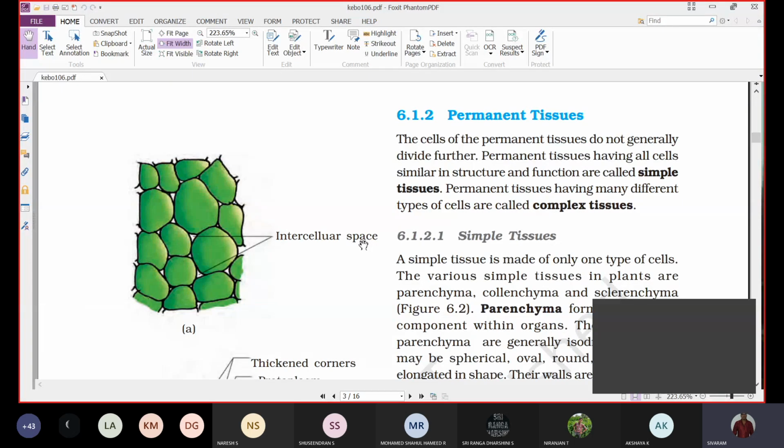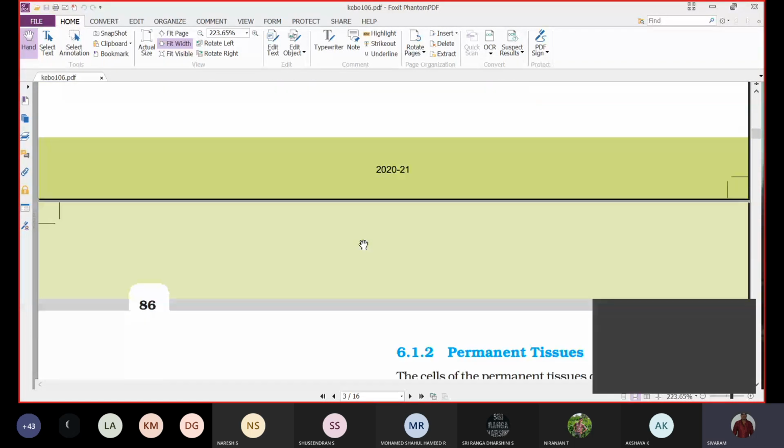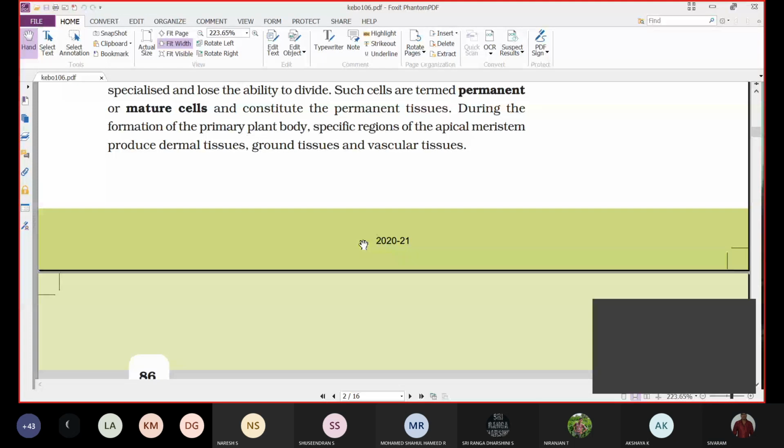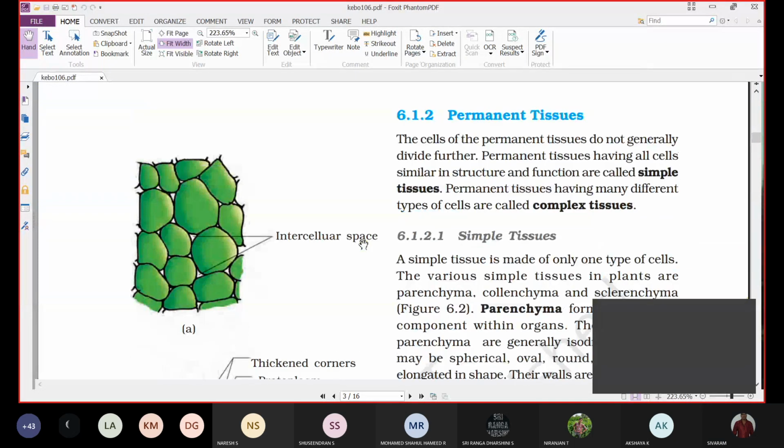Okay, next, tissues. They form dermal tissues, ground tissue, and vascular tissue. Dermal tissues means the tissues which will cover the outer part of the plant body.